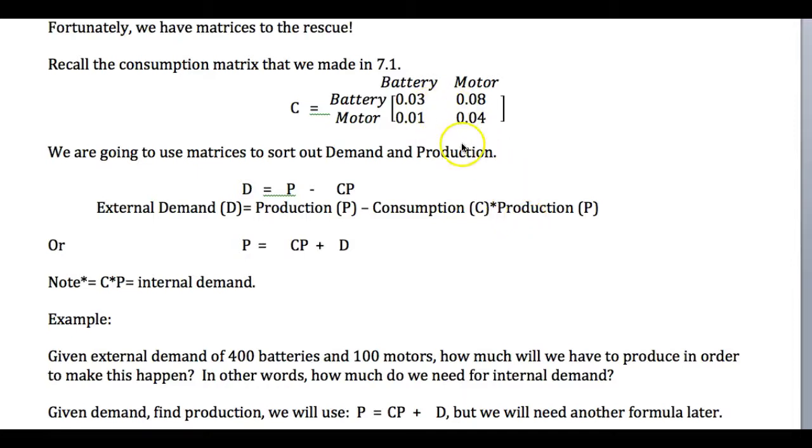So these percentages are going to be working on how much we're going to be producing to keep inside of the company. Now note that C times P is the internal demand. That's the stuff that I need in the battery company and the motor company from each of the respective companies within those companies. All right? So then we have a formula here, D is equal to P minus CP.